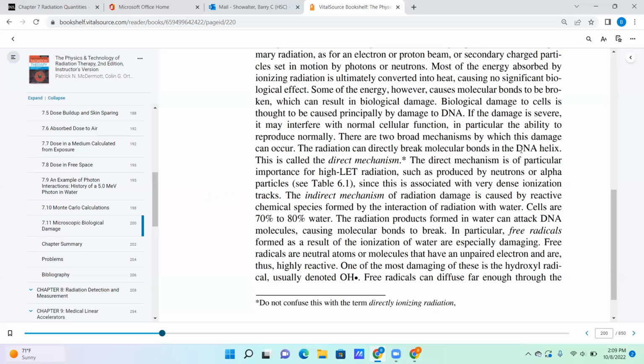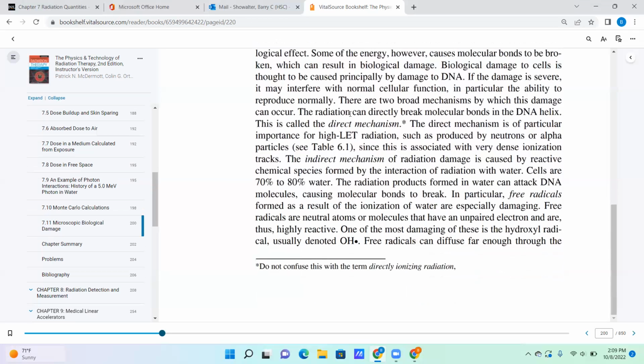There are two broad mechanisms by which this damage can occur. It can directly break molecular bonds in the DNA helix, and that's called a direct mechanism.